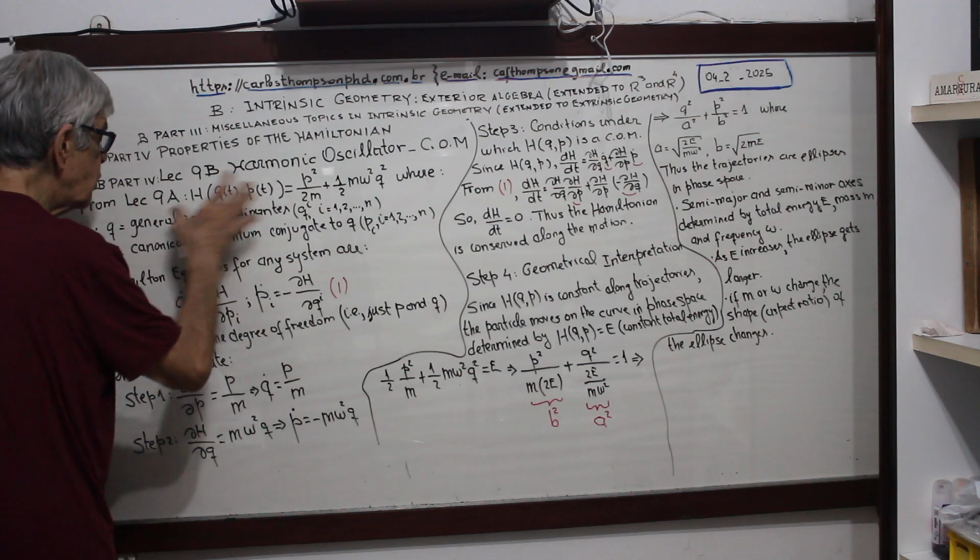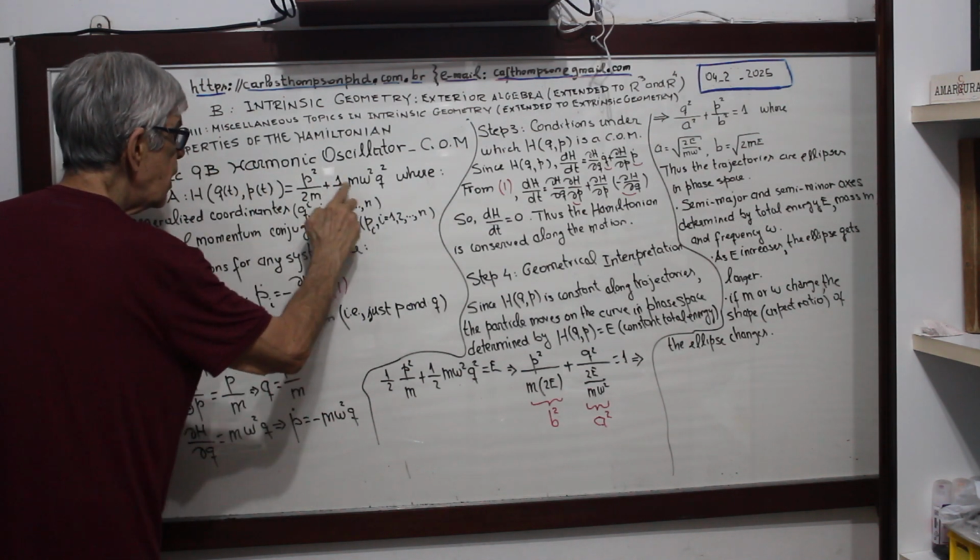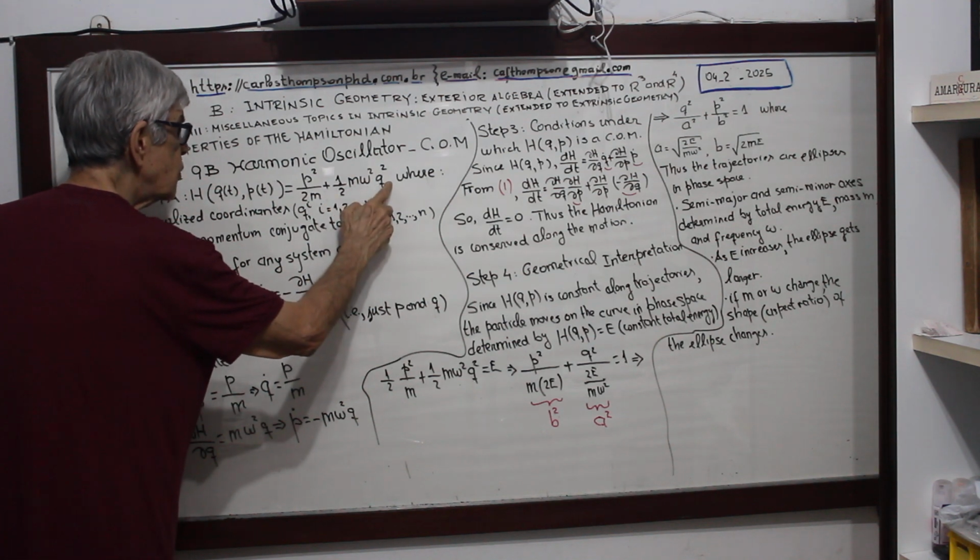Now, we derived that H is p squared over 2m plus 1/2 m omega squared q squared.